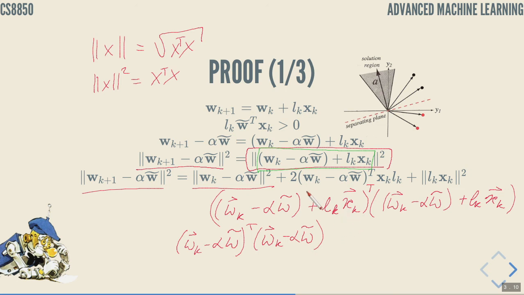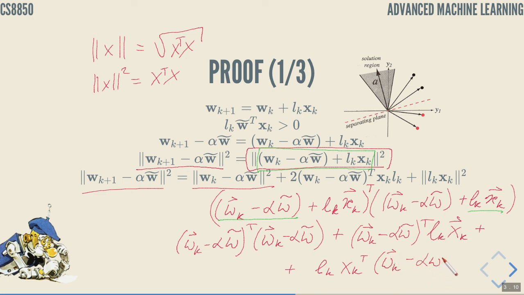The next part comes in two pieces. One is we take this and multiply it by this. We get w_k minus lambda w tilde transpose l_k x_k. But then we get another one. We get l_k x_k transpose times w_k minus lambda w tilde.